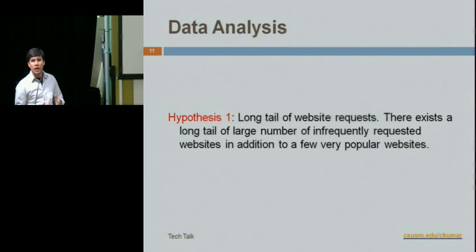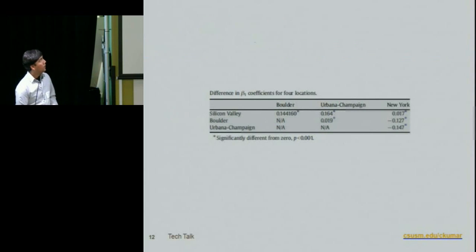result. Now we are ready to observe if there are any differences in the long tail behavior, which is essentially the steepness of the curve at those 4 locations. For that, we need to observe if there is a significant difference between the beta 1 coefficients, which, if you remember, is the steepness of the curve at those 4 locations.